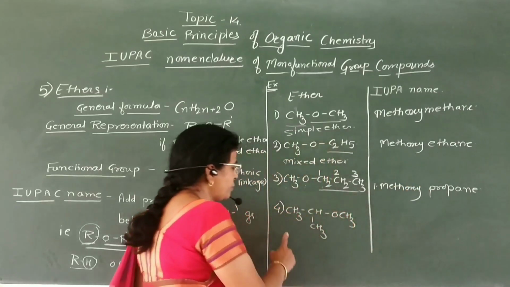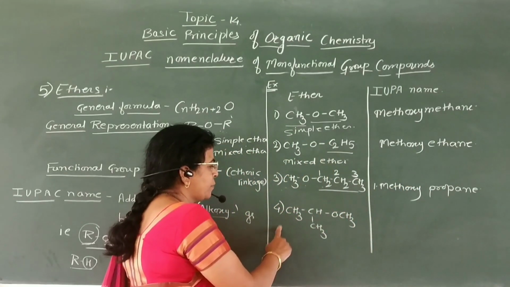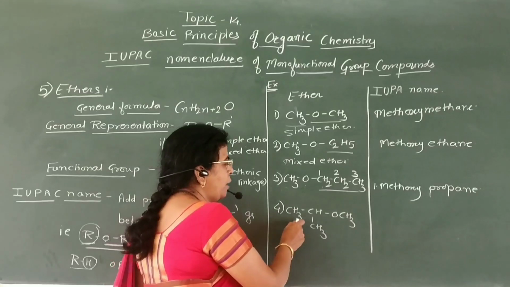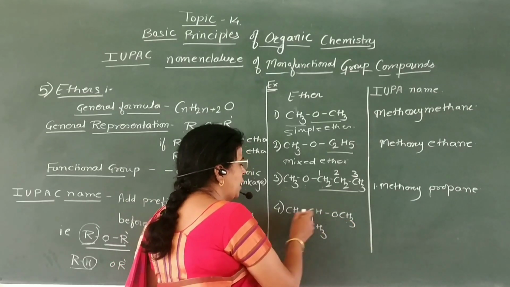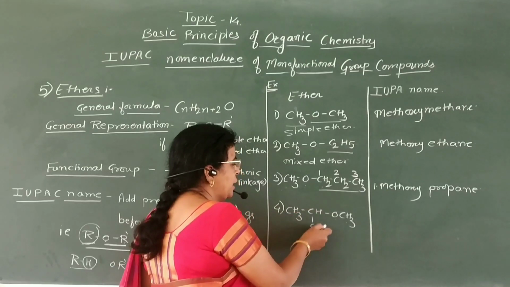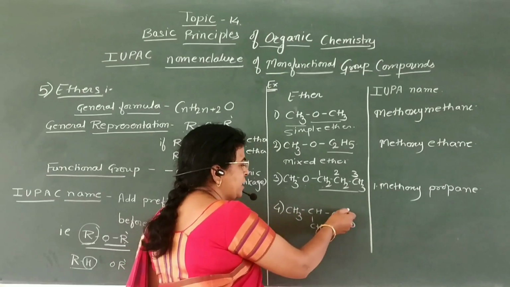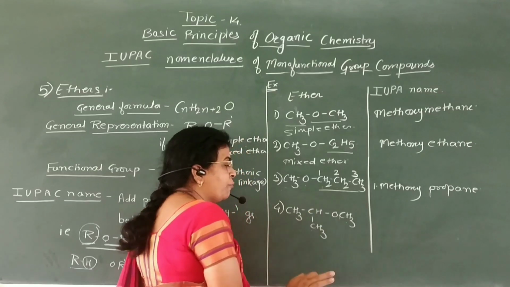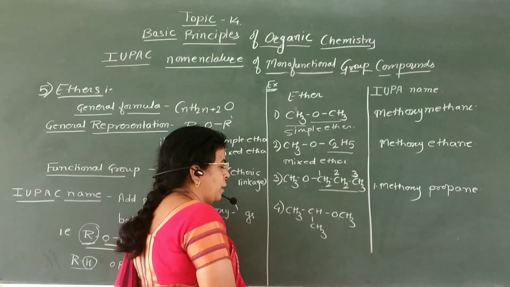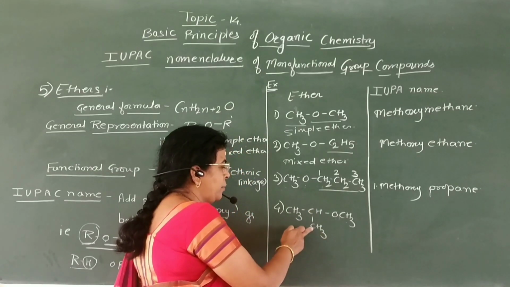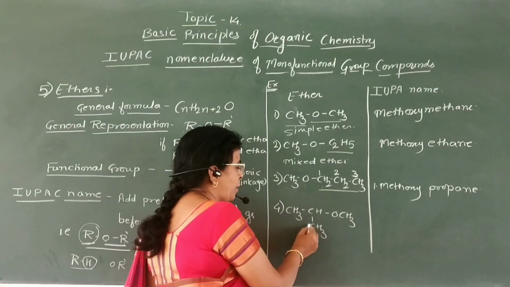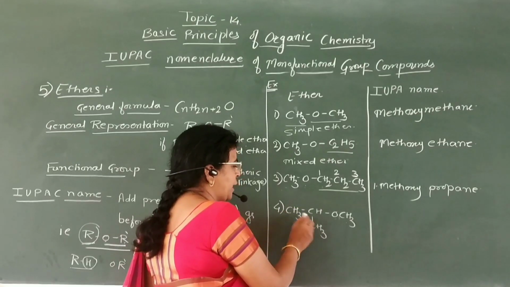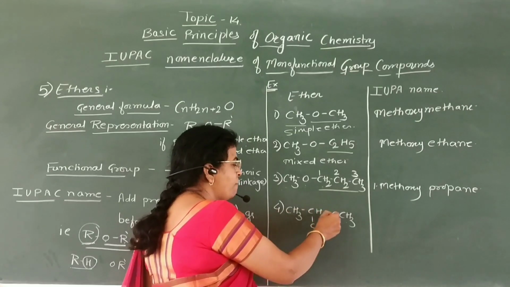Now the fourth example. Here there are two groups attached to this oxygen atom, CH3-CH(CH3)-, which is the isopropyl group, and the CH3 group. First we have to give numbering to the longest chain of carbon atoms, 1, 2, 3. We can give numbering from either end, as both ends are equally near to the functional group.